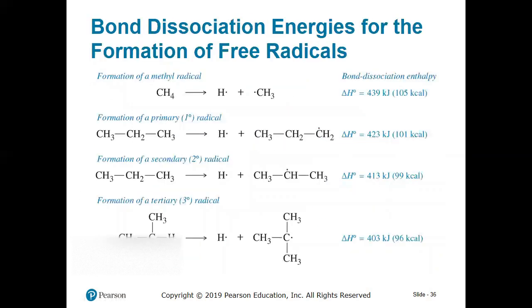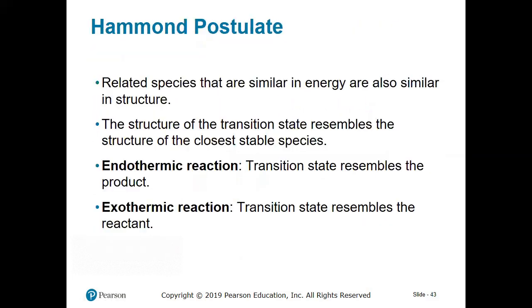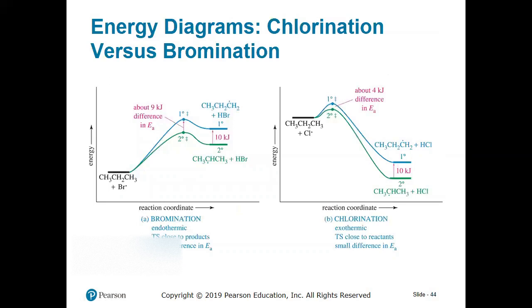So comparing the two reactions, chlorination and bromination, you could see here that we have the two energy diagrams, where one is the bromination and the other one is the chlorination. You could see clearly the difference between the two in terms of energy. One is an endothermic reaction.